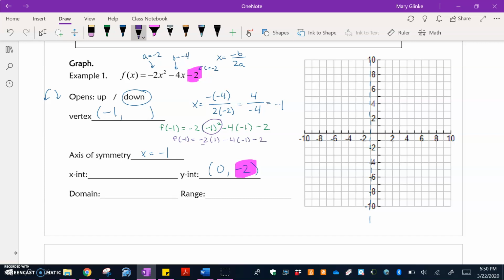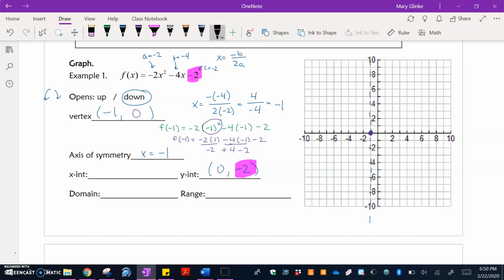Then I can do my multiplication. Negative 2 times 1 becomes negative 2. Negative 4 times negative 1 becomes a positive 4. And negative 2 plus 4 minus 2 simplifies to 0. So my vertex is at negative 1, 0. And so I can put that point there.